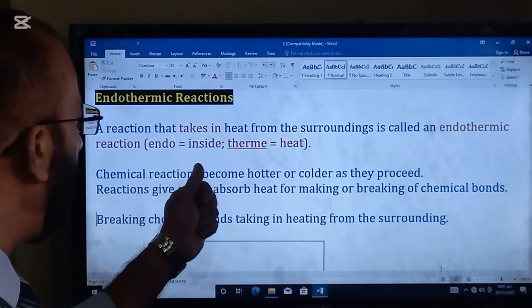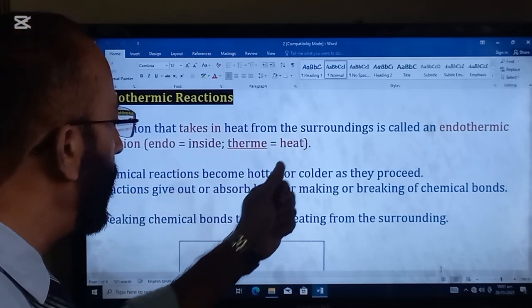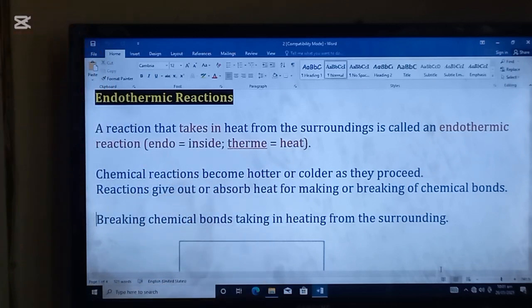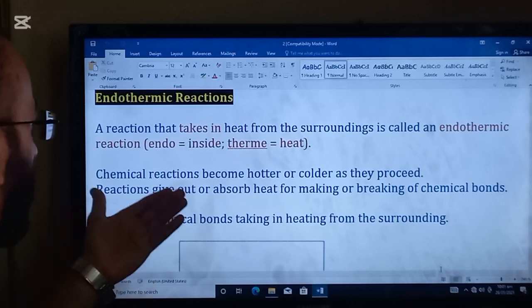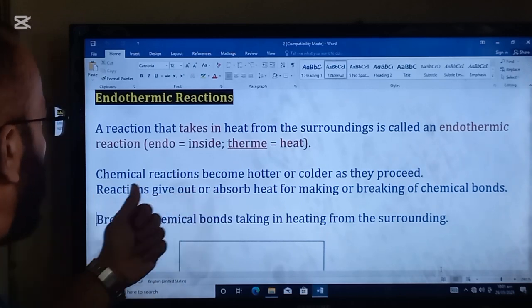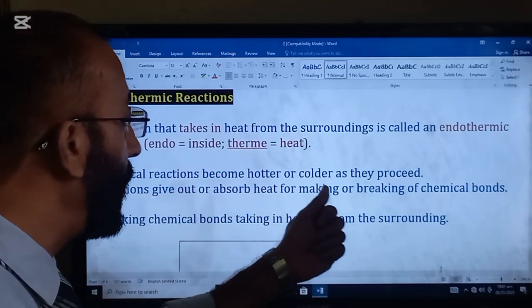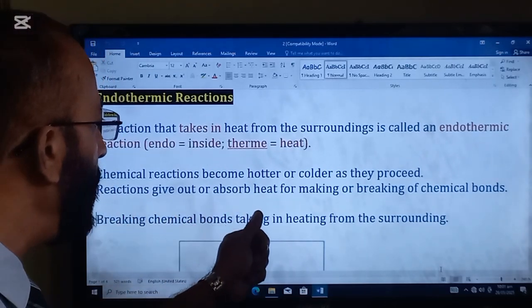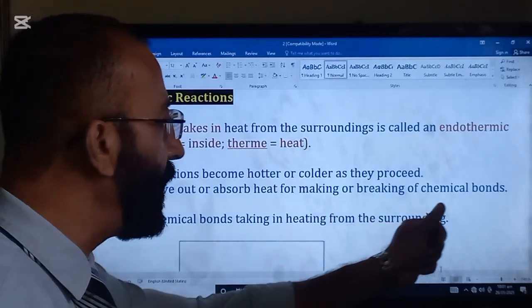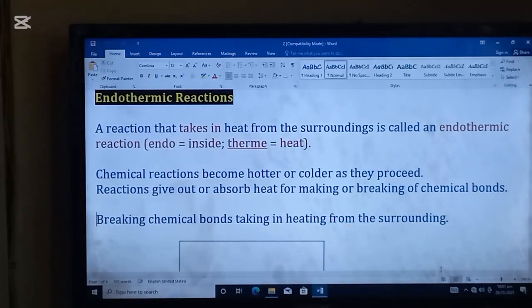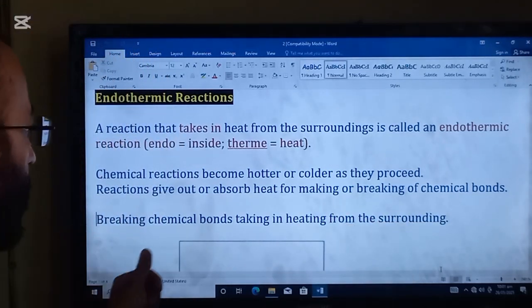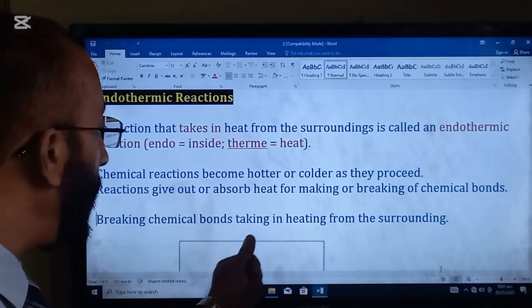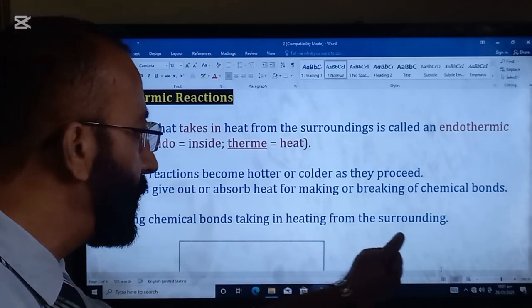Endo stands for inside, therm stands for heat. Chemical reactions become hotter or colder as they proceed. Reactions give out or absorb heat for making or breaking of chemical bonds. Breaking chemical bonds takes in heat from the surroundings.